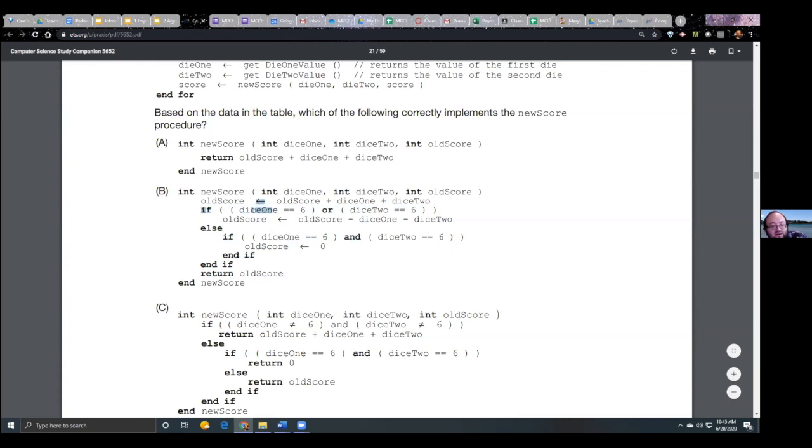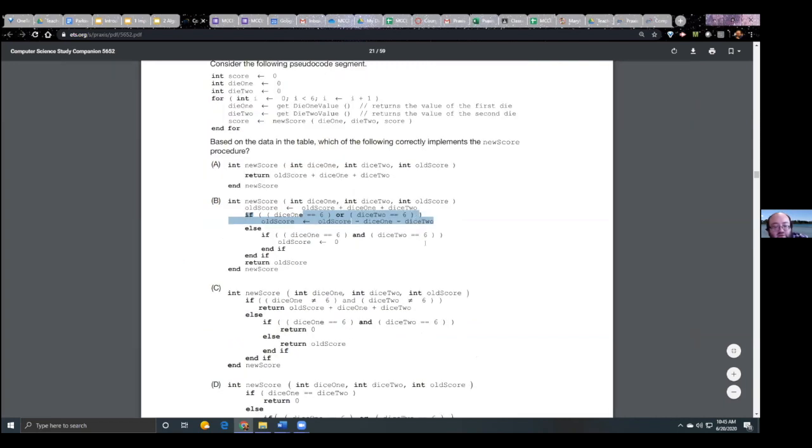And it says if dice 1 equals 6 or dice 2 is equal to 6, we're going to then subtract dice 1 and dice 2. So does that seem to match any of the data there, just that first if statement?